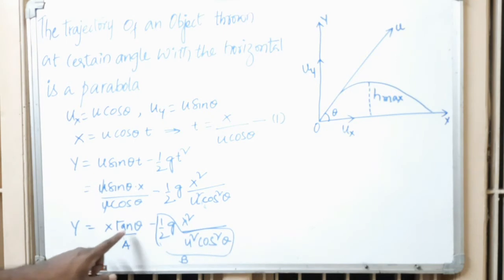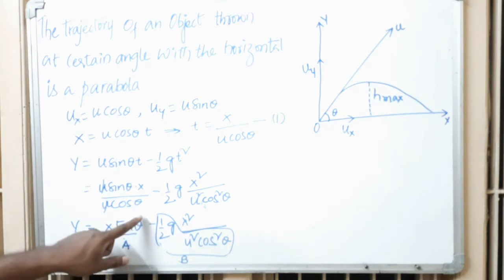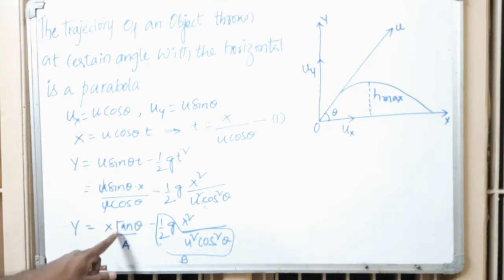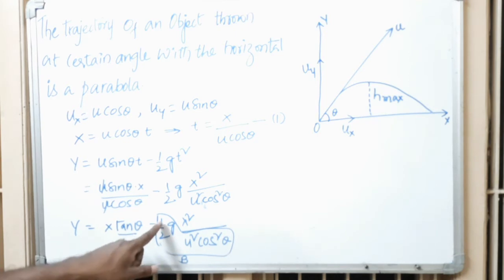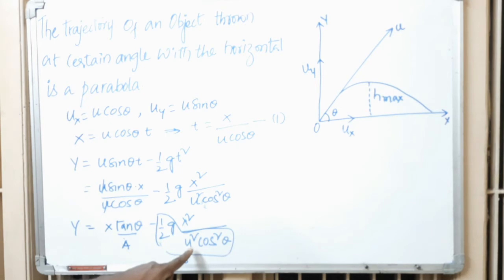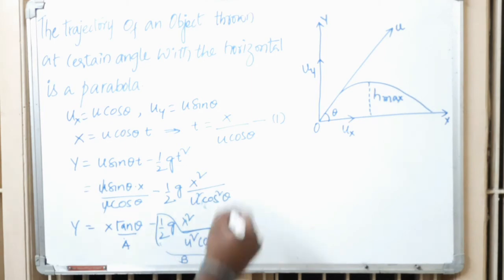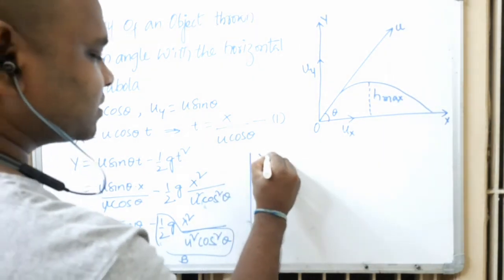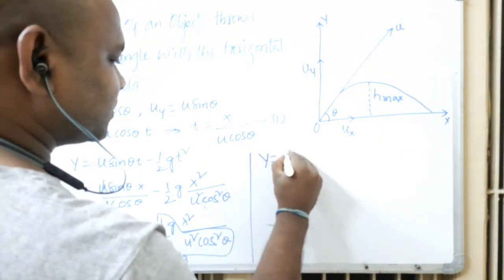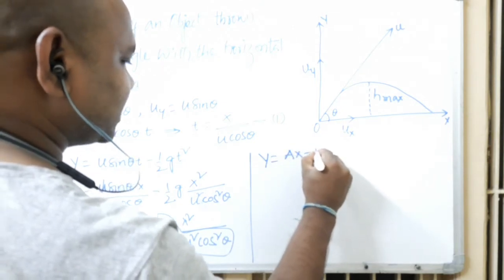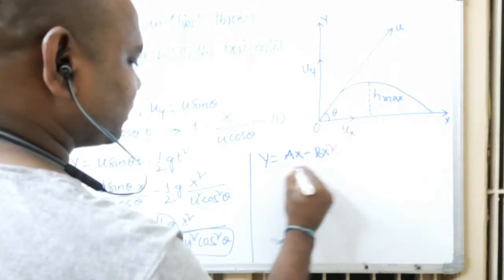Means in x tan theta I had taken tan theta, and we will think tan theta as a, and half g by u square cos square theta is b, not x square, and we are leaving x square, remaining term is b. So then we will get y is equal to ax minus bx square.